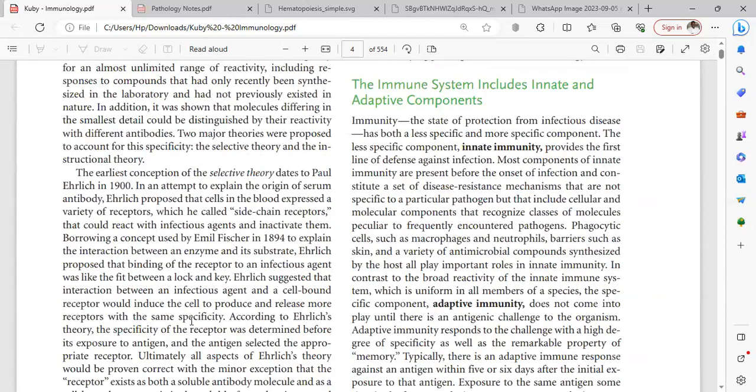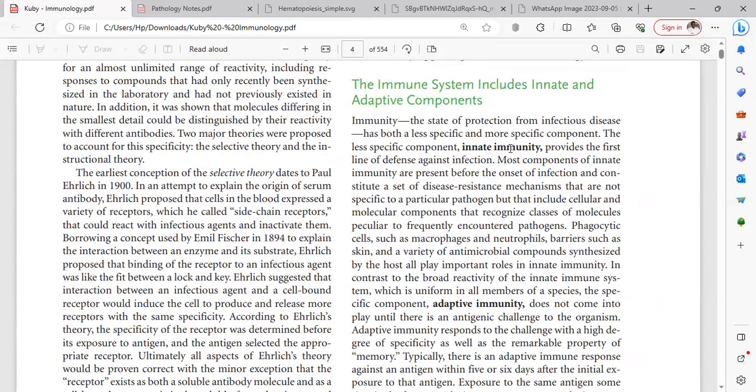We've seen that immunity is derived from the word immune system. It's basically a state of protection from infectious diseases. It has been categorized into two: we have the innate immunity and the adaptive immunity.